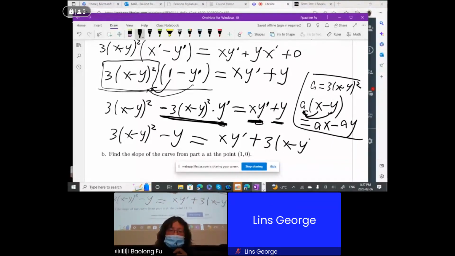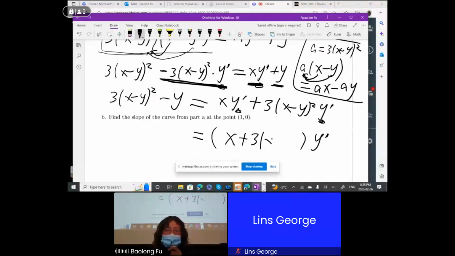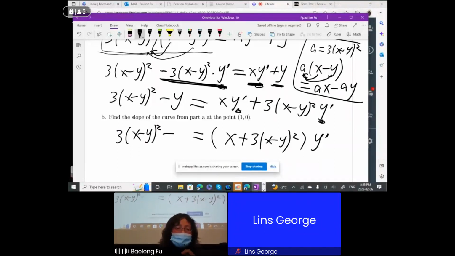I just moved items around. The purpose is to collect like terms in y prime. After that, on the right-hand side, I factor y prime out, and I have x plus 3, x minus y squared. The left-hand side, I just copy down.